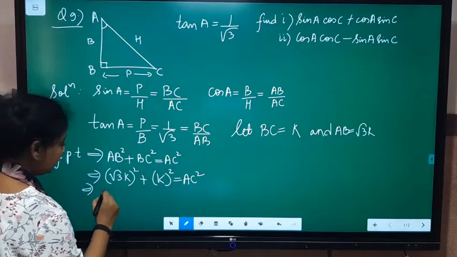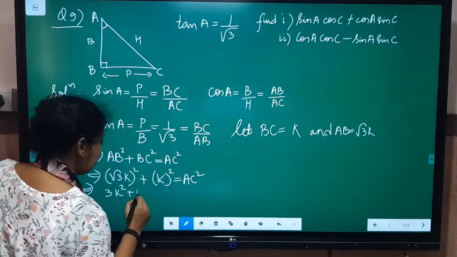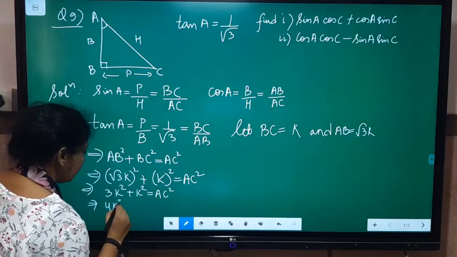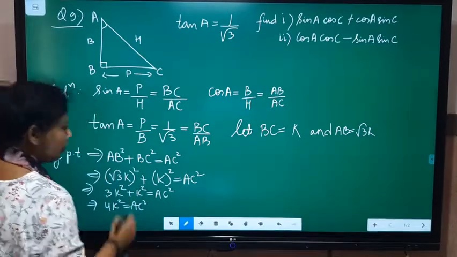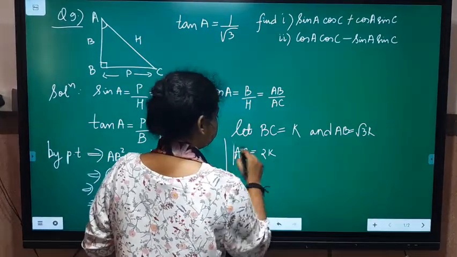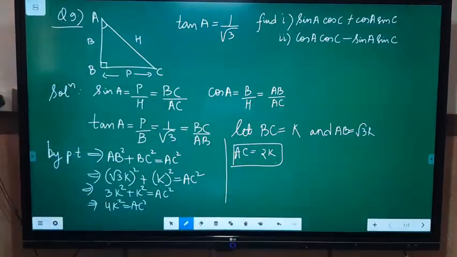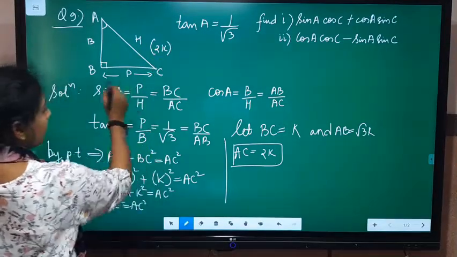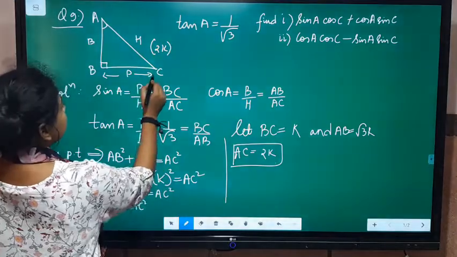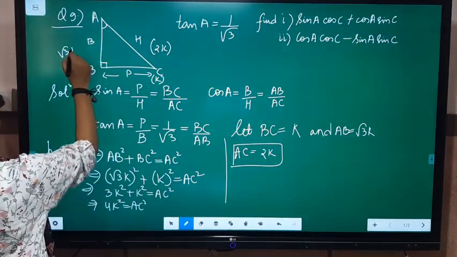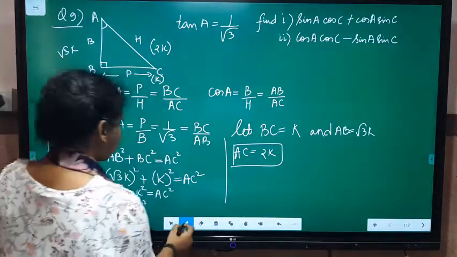This gives us 3K square plus K square equals AC square. This means 4K square equals AC square, or we can write the value of AC as 2K. This is the value of AC. This means AC we have 2K, BC we have K, and this side here we have root 3K, right?